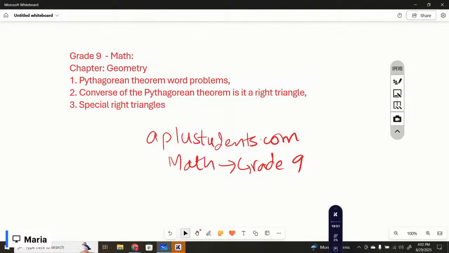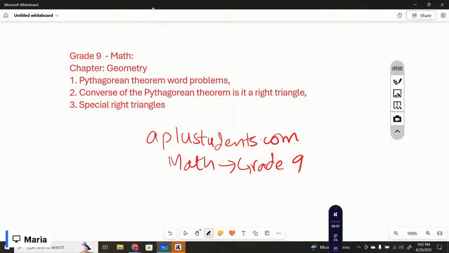We're going to start with the chapter Geometry. The lessons we're going to cover today are Pythagorean theorem word problems, converse of Pythagorean theorem: is it a right triangle, and special right triangles.